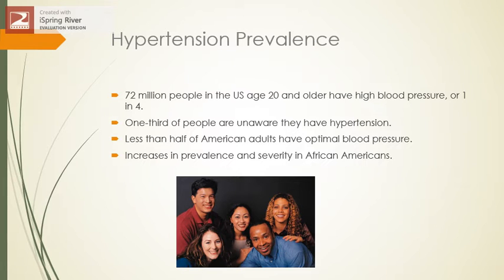They may not be classified as hypertensive, but less than half of Americans have ideal blood pressure. So that means they may not have that under 120 over 80 that we want. And there are increases in prevalence and severity of hypertension in African Americans, and this is especially concerning because of all of the problems with kidney disease, heart disease, and stroke.